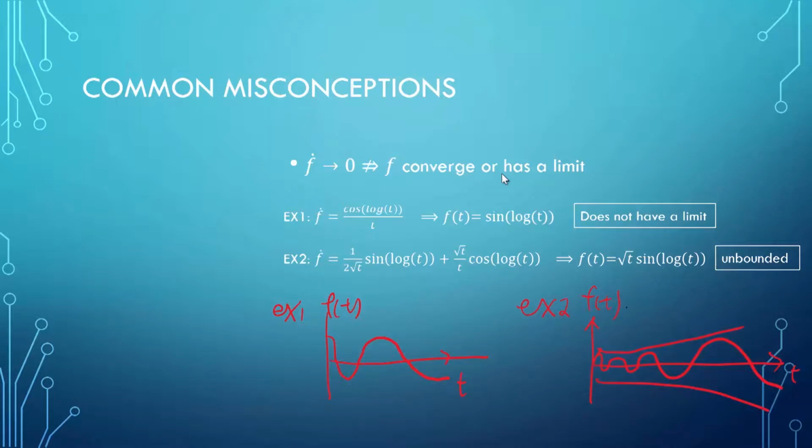When you take the time derivative of this, it might not exist. You can try it when you go back.